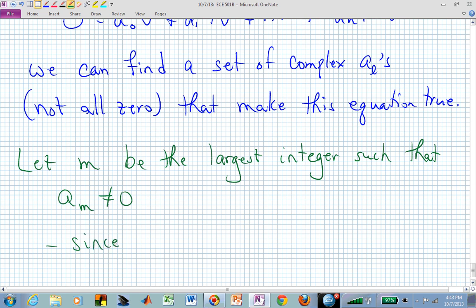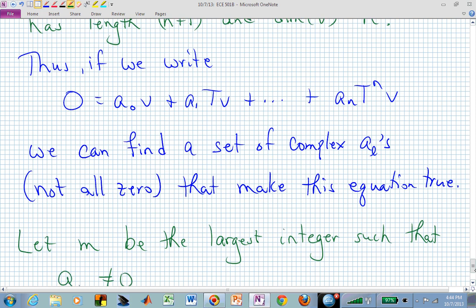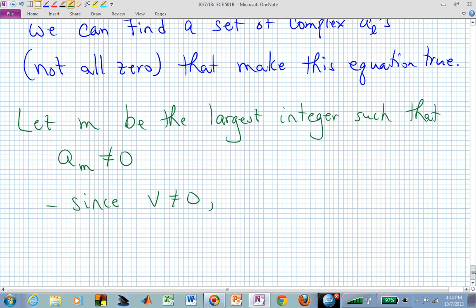And now let's sort of look at what we have. We assumed at the beginning that this vector v that we started with in the complex vector space was non-zero. And we now know that this equation is true. And if v is non-zero, then a sub 0 either needs to be 0 if m was 0. So let's look at some of the possibilities.